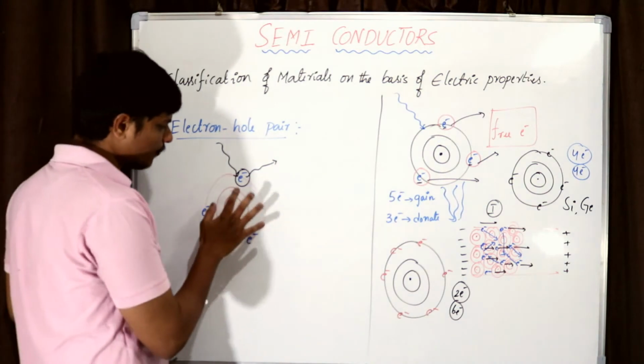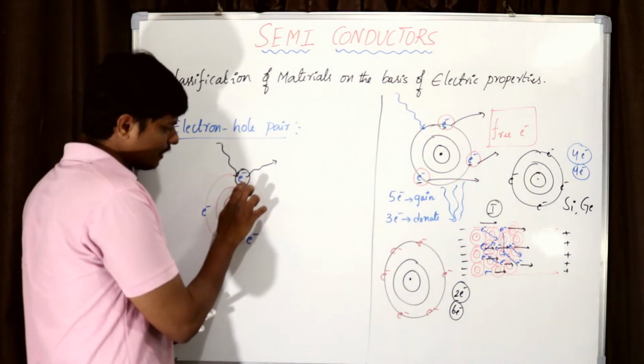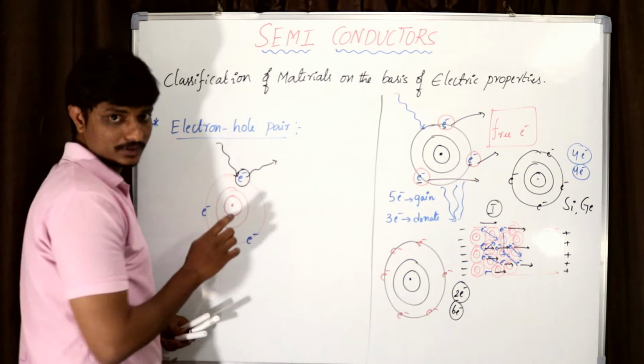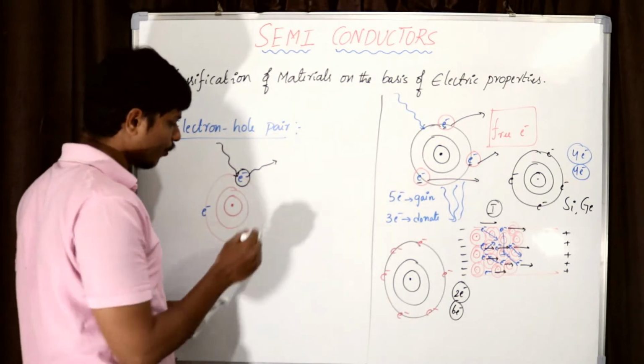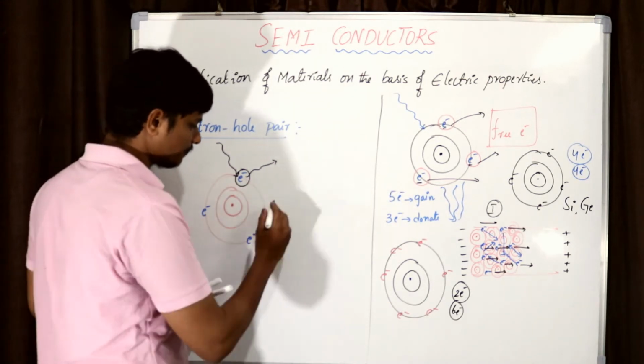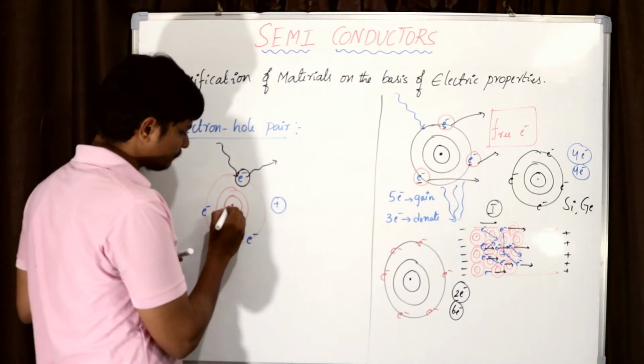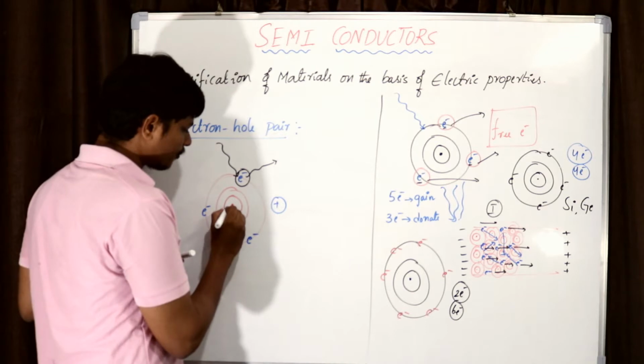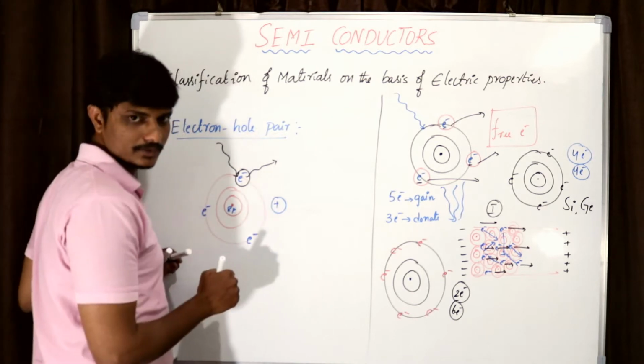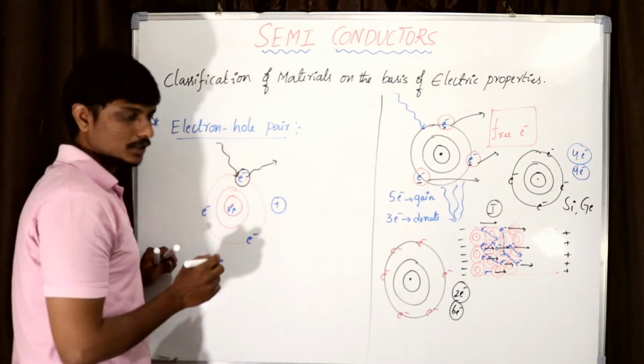What happens now? When the electron is removed from an atom, the very next instant the whole atom will turn positive, right? Why? Because, for example, consider 8 protons are there. That means 8 electrons are also there.